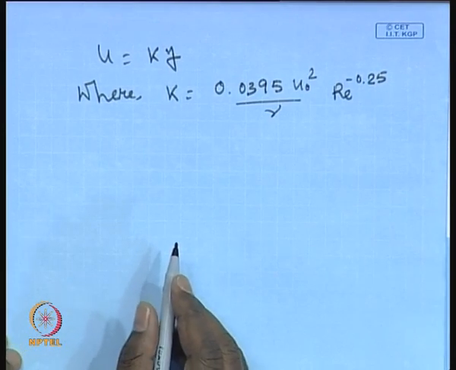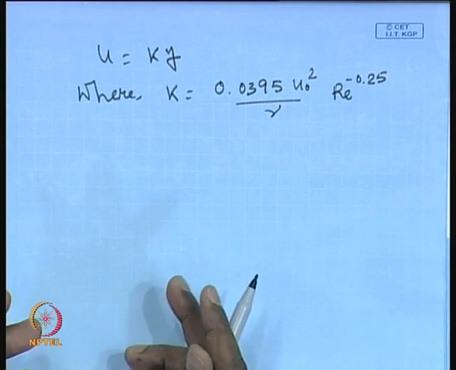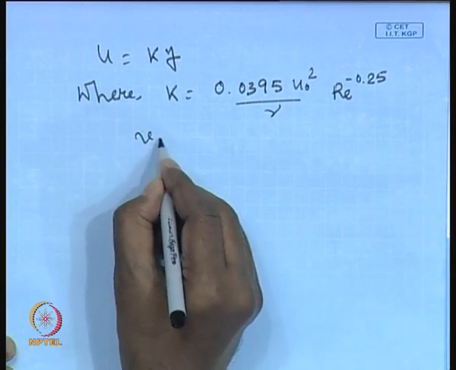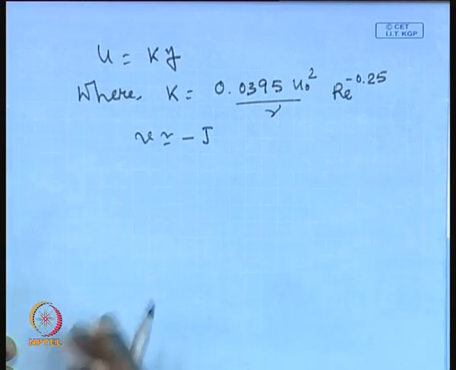Okay. And we are assuming the mass transfer boundary layer is really very thin, and the velocity component v in the definition of the mass transfer boundary layer will be the same as that at the wall. And at the wall, it was the permeation velocity. So, V will be approximated by minus J at the wall.